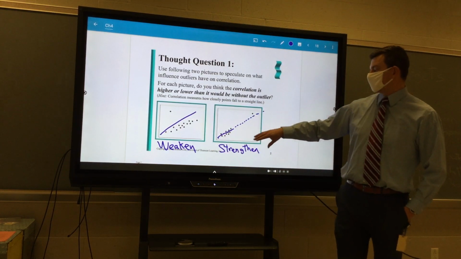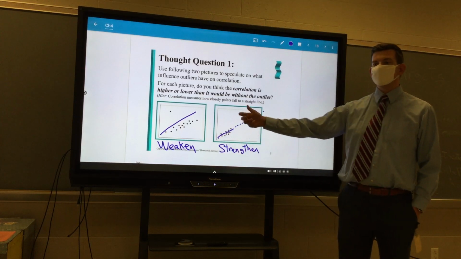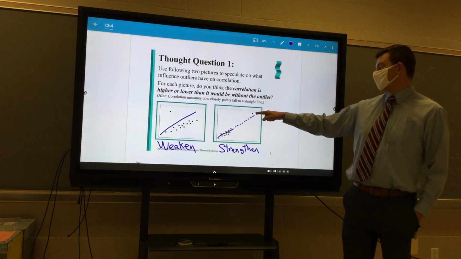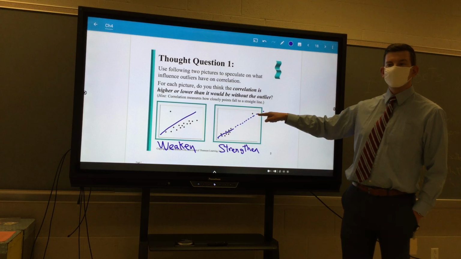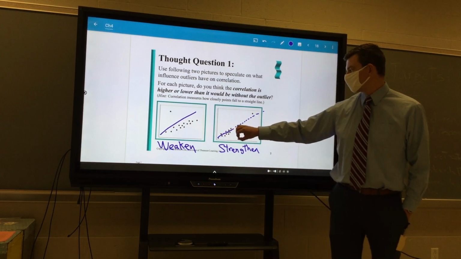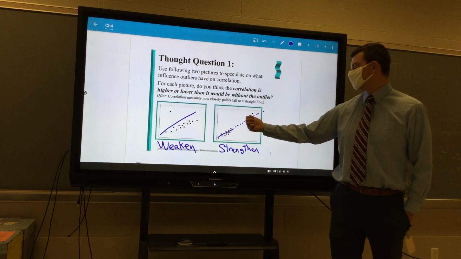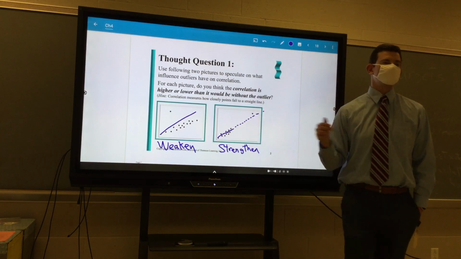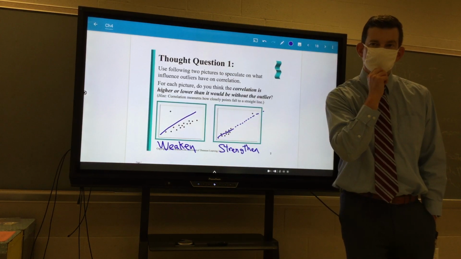This trend right here, as x increases, y increases, this has a high x value and a high y value, which doesn't fit the rest of the points, but it does fit that trend if that trend were to continue.